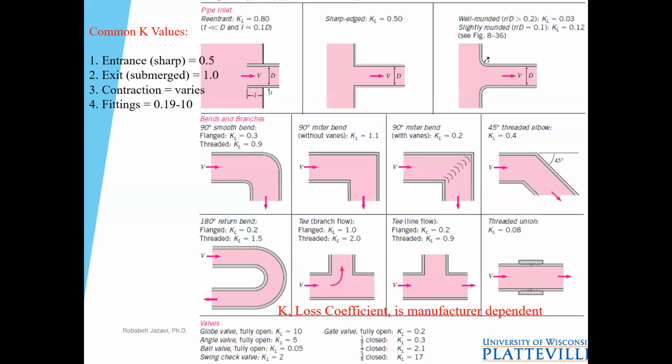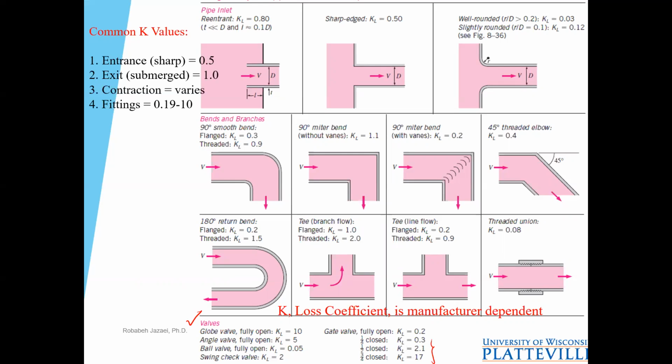No, KL or loss coefficient is manufacturer dependent. So the manufacturer gives us the KL value. You can see it's different for the pipe inlet here compared to this one, or in different bends or branches, or here you can see different valves. Valves are very important because usually in any system we have a couple of valves, and it depends on how much they are open or how much they're closed.